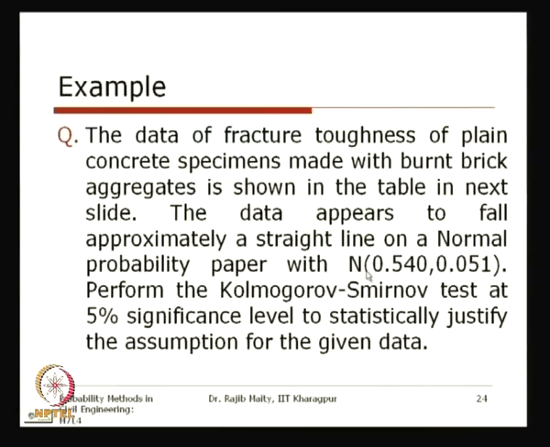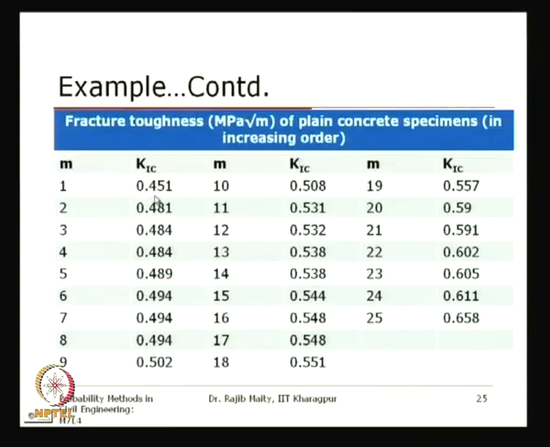The parameters are mu equals 0.54 and sigma equals 0.051. So perform the Kolmogorov-Smirnov test at 5% significance level to statistically justify the assumption for the given data. The data is supplied here, that is the fracture toughness, with unit megapascal square root of meter, of the plain concrete specimen, and this is already arranged in increasing order.